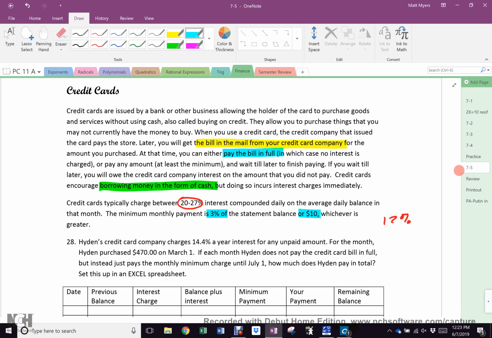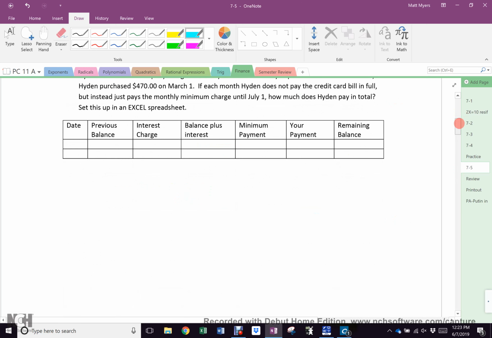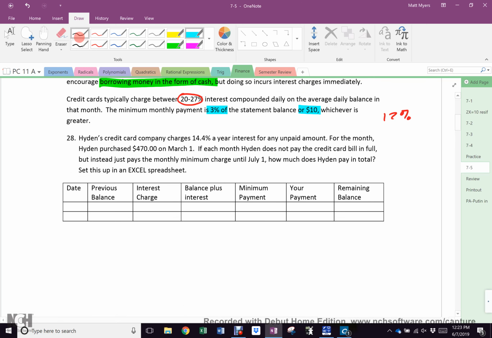All right. So I don't have the computer, so let's just talk about how we'd set this up. Obviously, this is A, B, C, D, E, F, G, and that is 2 and 3. Everybody cool? All right, so let's talk about what we do. Hayden's credit card company charges 14.4% a year interest for any unpaid amount.